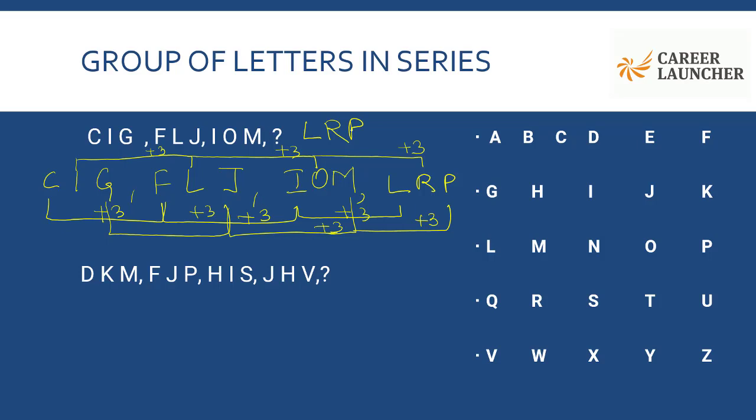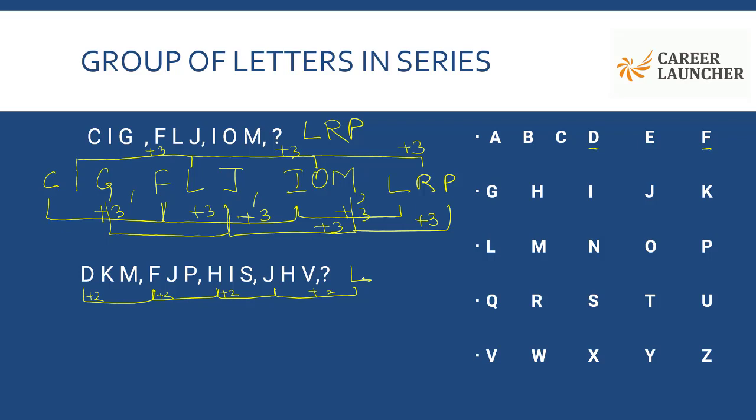So when we look at the first alphabet, D to F, there's a movement of 2 places. F to H, movement of 2 places. H to J, again 2 places. So after J, I should get L as the first alphabet.